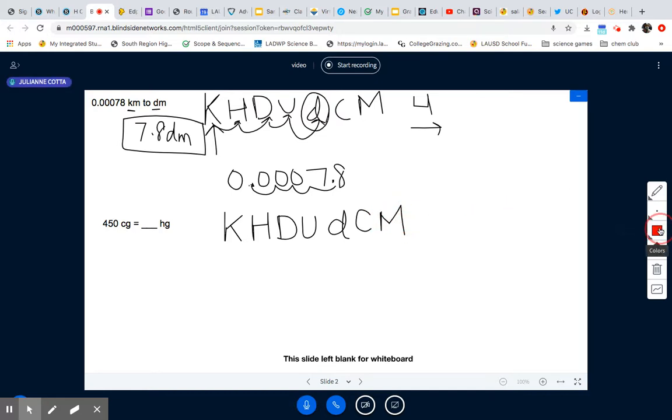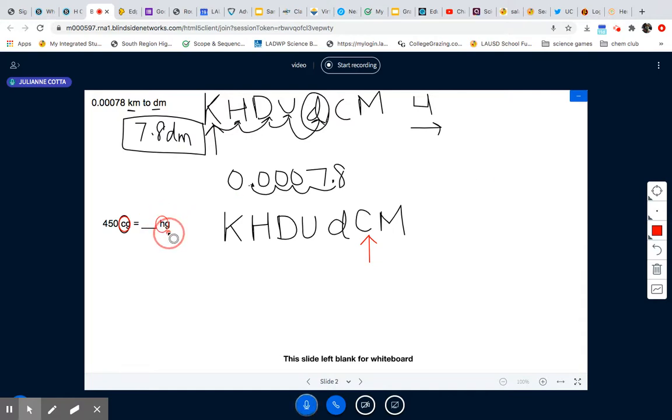Okay, and let me put a little colors on it this time. So I want to start at C, because that's where my start is. There we go. So I'm going to put an arrow on the C. And I'm traveling this time to H. That's my prefix.